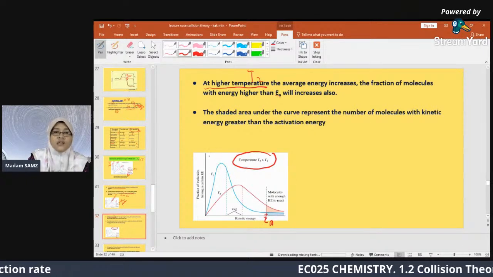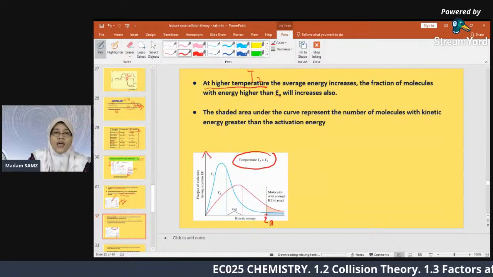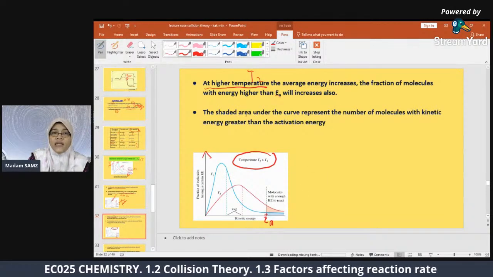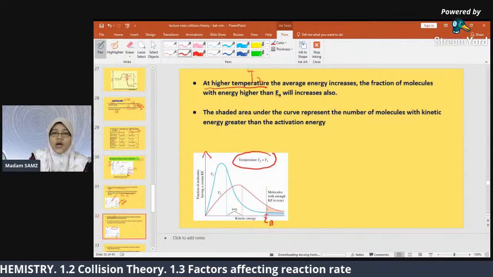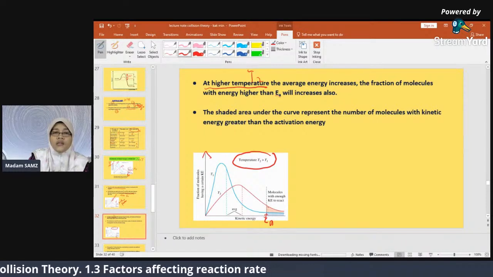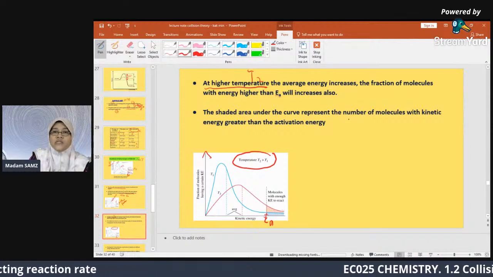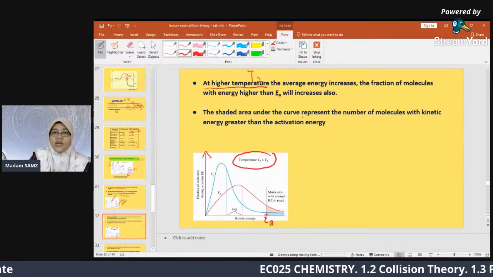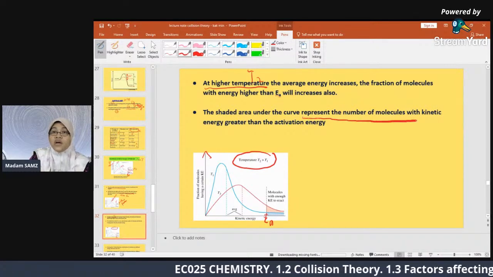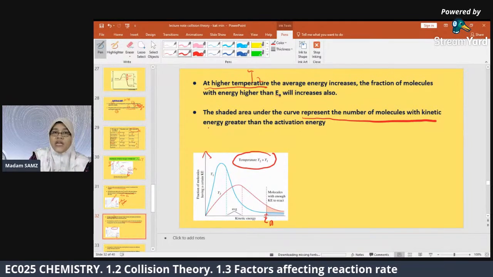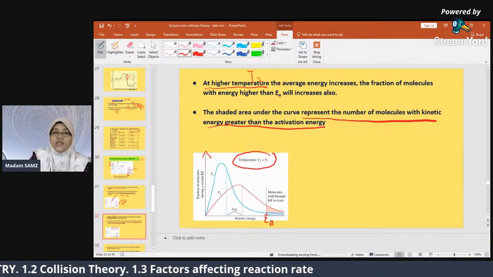Okay, sini adalah paksi Y, number of molecule, ni paksi X. The shaded area, maksudnya yang berlorek ini, okay, the area under the curve shaded after EA represent the number of molecule. Okay, the shaded area represent the number of molecule with kinetic energy greater than EA.